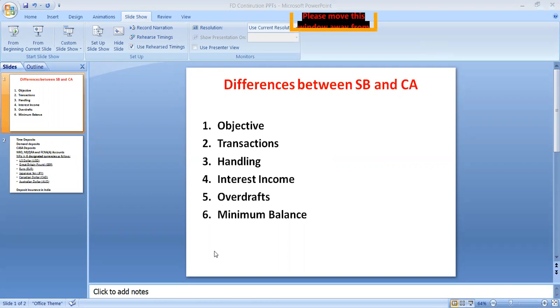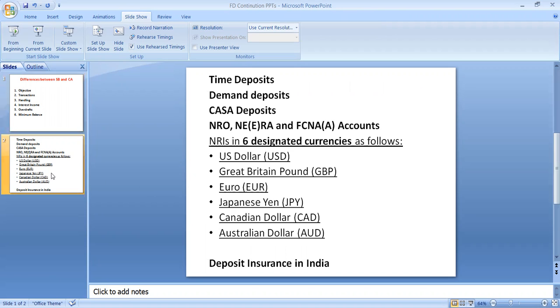And in today's class, I'll focus on the differences between saving bank account and the current account, and I will also tell you something about the other types of deposit. To mention a few: time deposit, demand deposit, CASA deposit.